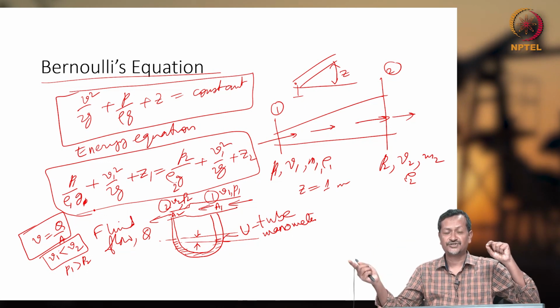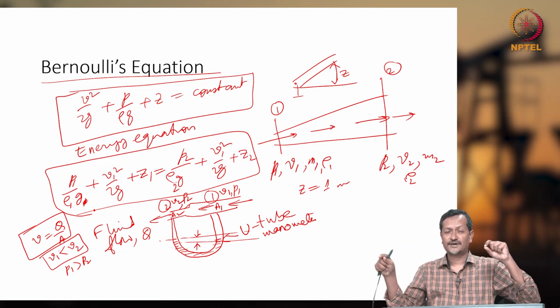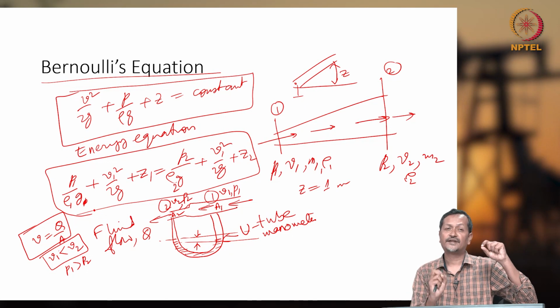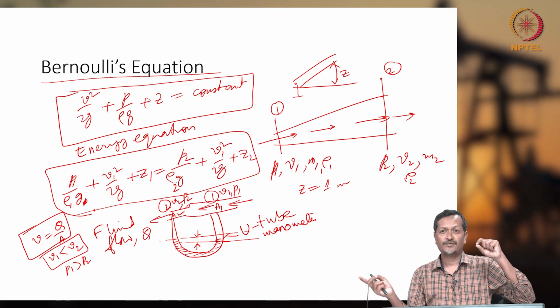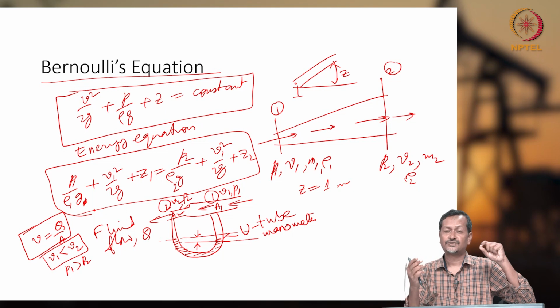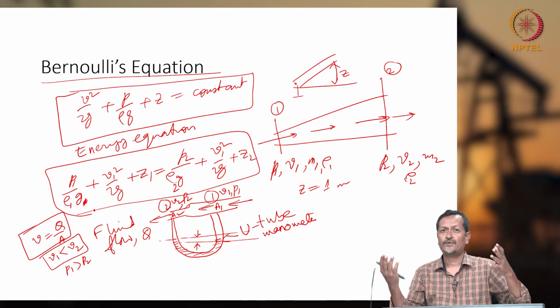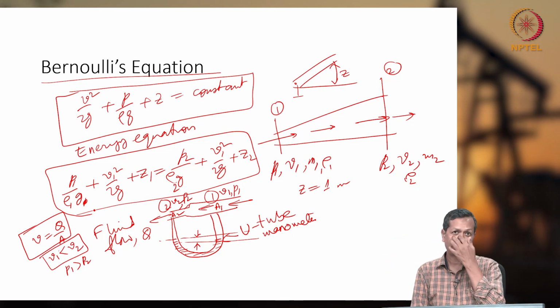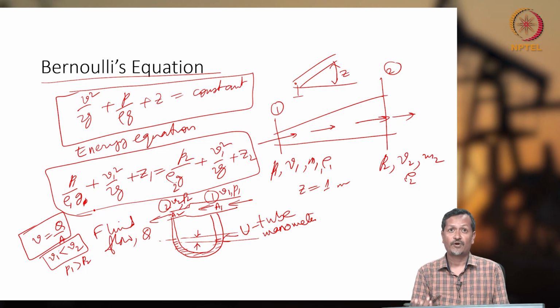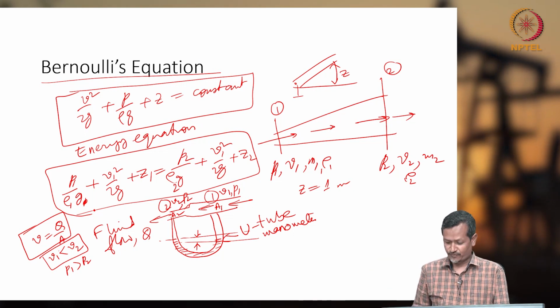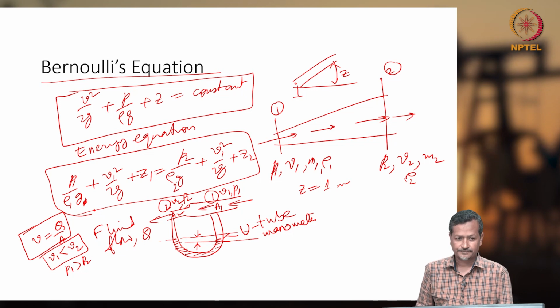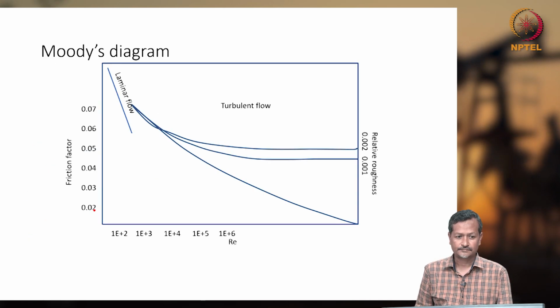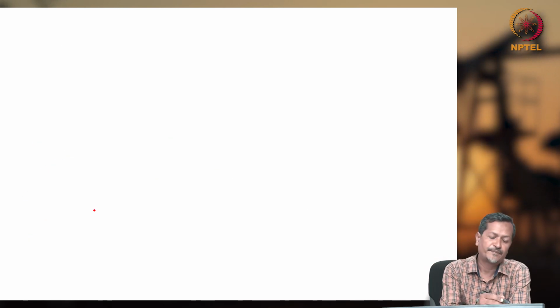So you are not changing energy, but if you are giving certain energy or taking out energy, or you are giving energy through your pump, or you are taking away internal energy somehow, then this equation will not hold. Then you have to use modified form of Bernoulli's equation. So what is the modified form? The modified form of Bernoulli's equation.